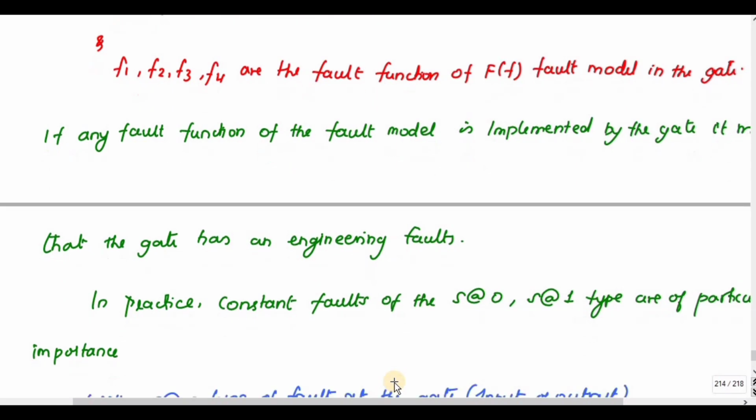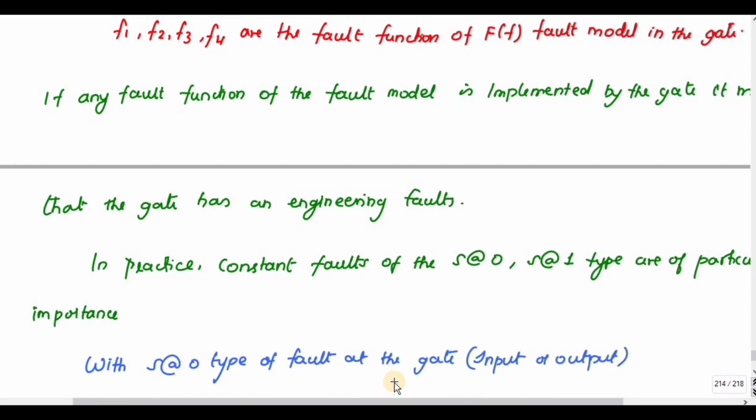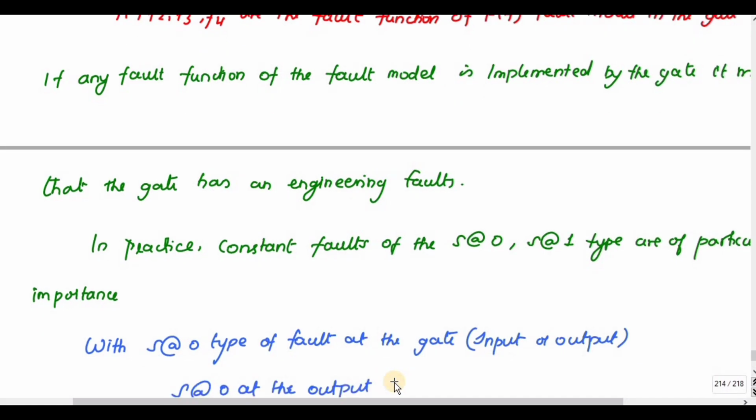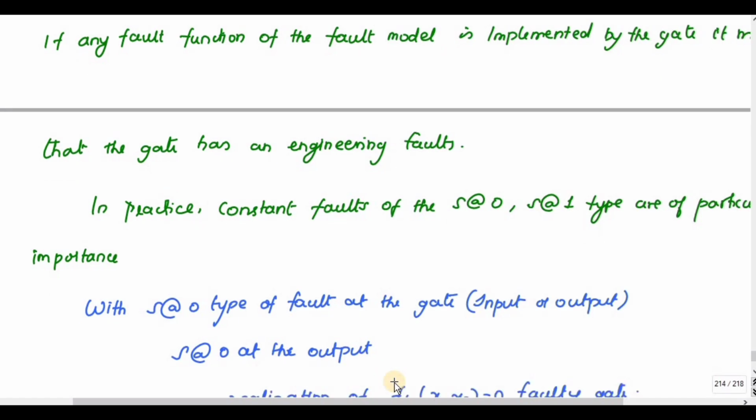In practice, we use the constant fault model, where stuck-at 0 and stuck-at 1 type faults are of particular importance. We consider stuck-at 0 type faults at the gate input and output, and stuck-at 1 type faults at the gate input and output.